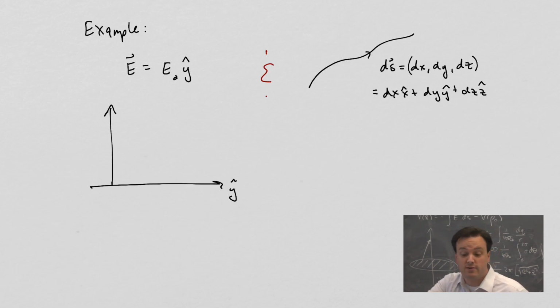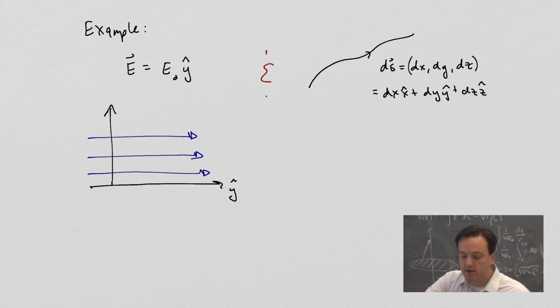So I have an electric field that's just going to be in the y direction. I picture it as electric field lines pointing in the positive y direction, and the other directions don't really matter because the field only depends on y. In this case, I can't take the potential to vanish at infinity because the field exists everywhere.